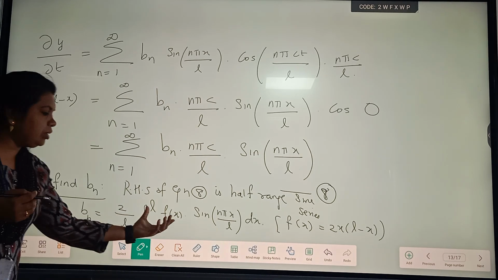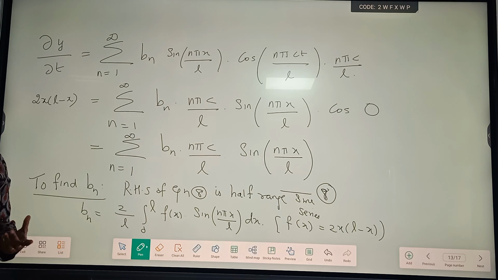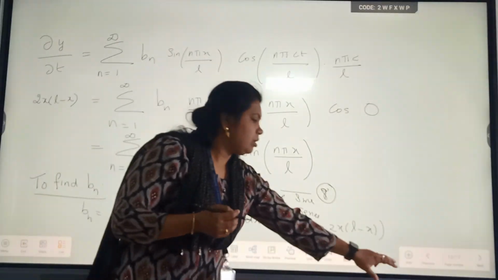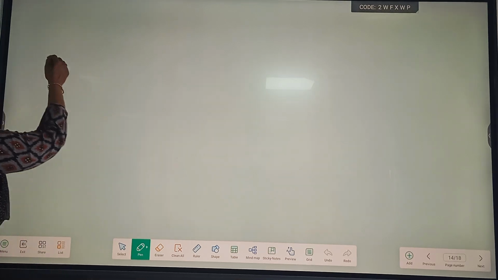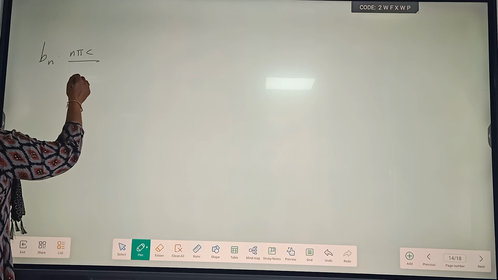So we are going to calculate our value for Bn using Bernoulli's formula. So Bn times n pi c by L is.